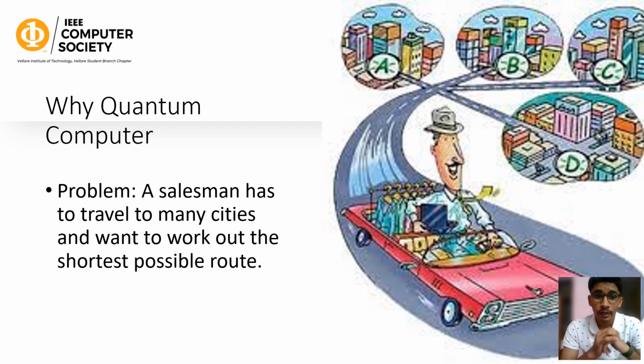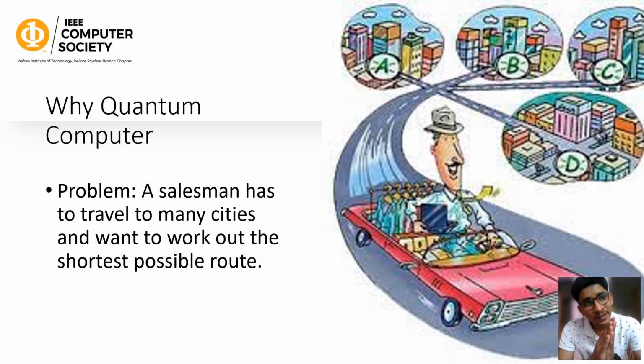But before that, very important: why are quantum computers needed? You have a very famous problem, the traveling salesman problem, wherein the salesman travels across many cities and we have to find the shortest possible route.